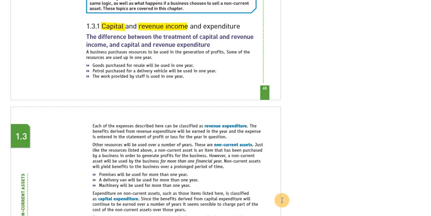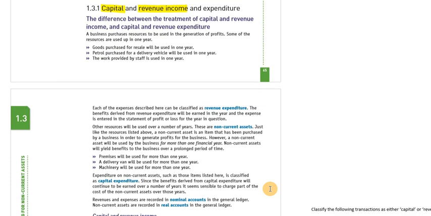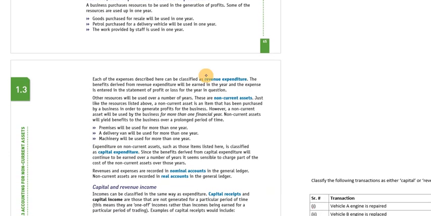So in this topic we have to differentiate between revenue expenditure and capital expenditure.